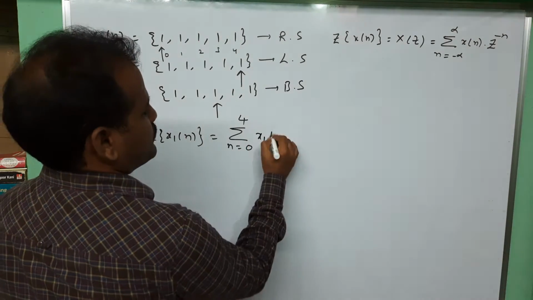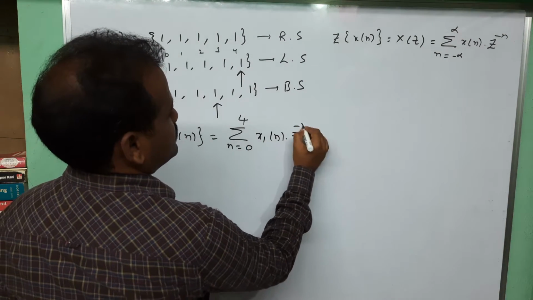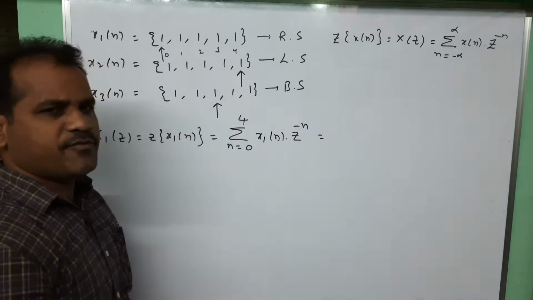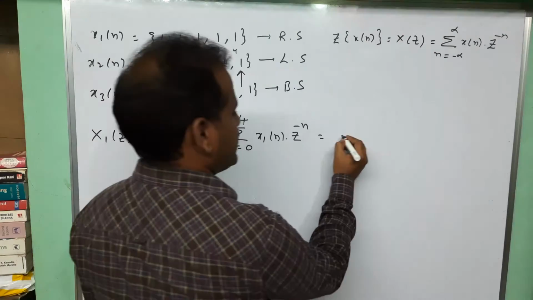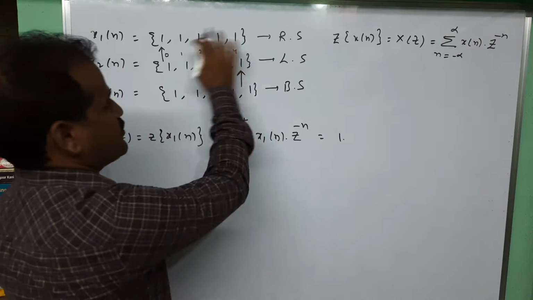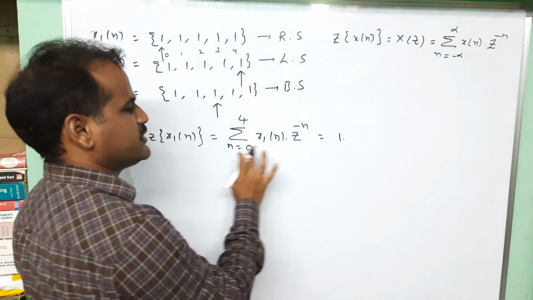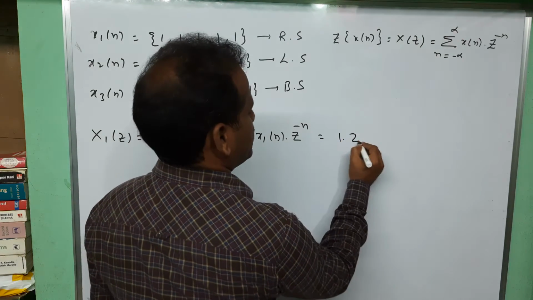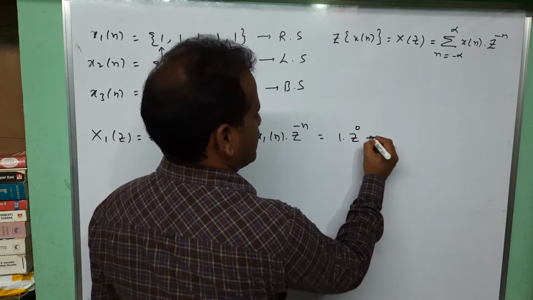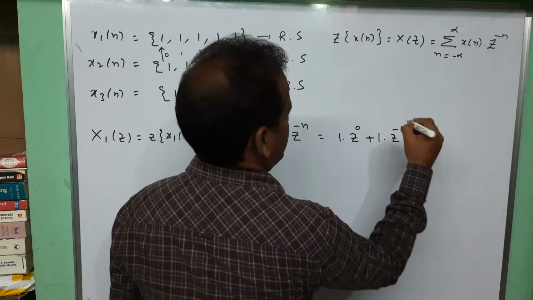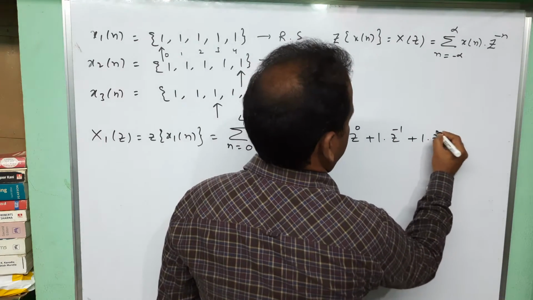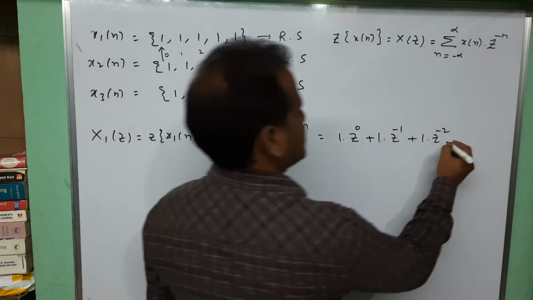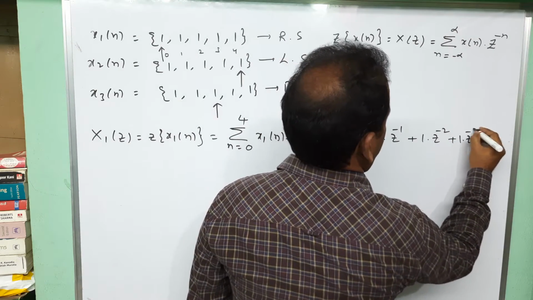So x1 of n, z raised to minus n. If you substitute the x1 of n elements, all are ones. So n value 0th iteration, that is 1 into z to the power of 0. Next 1 into z to the power of minus 1. Next 1 into z to the power of minus 2. Next 1 into z to the power of minus 3.